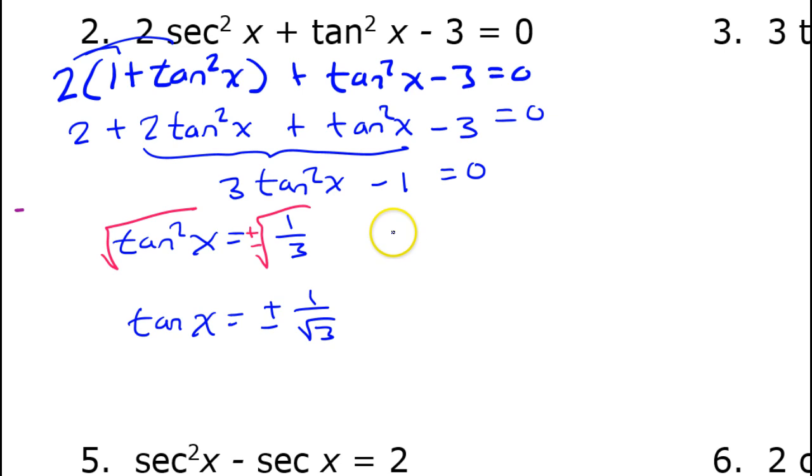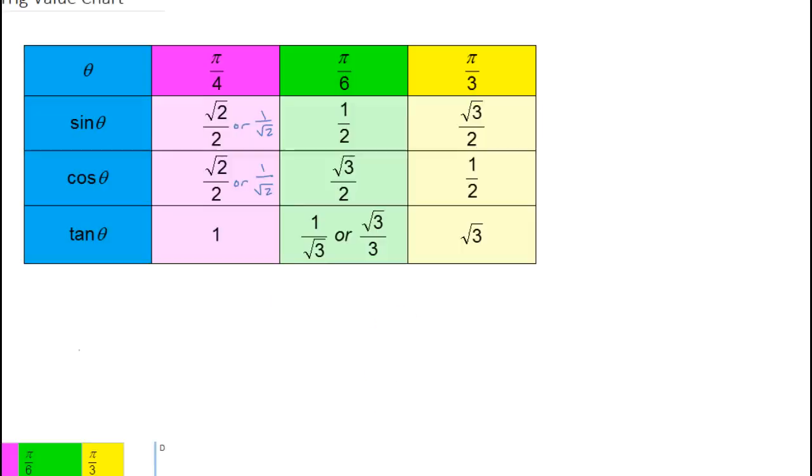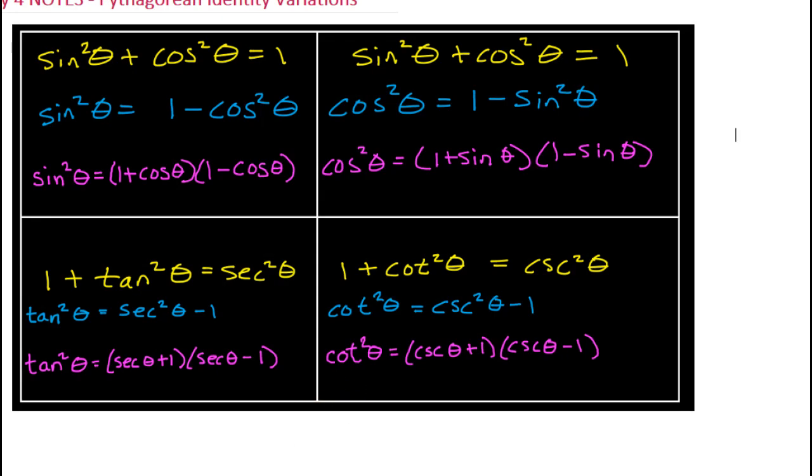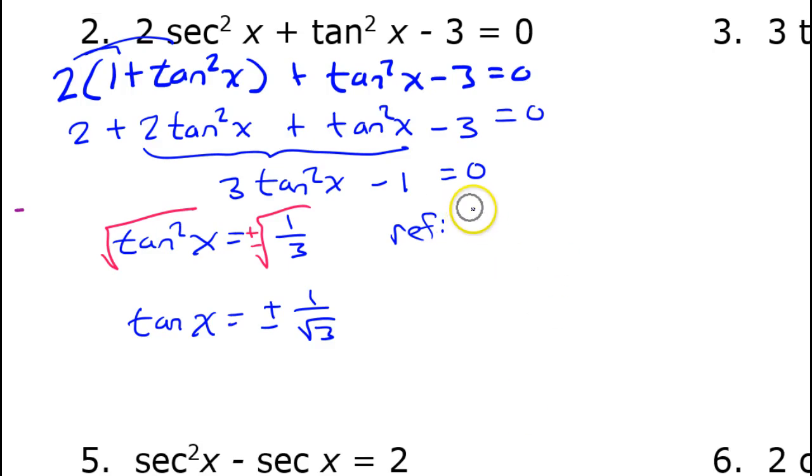Okay, now the reference angle is going to be pi over 6, because 1 over root 3. The tangent of pi over 6 is 1 over root 3. So I know that the reference angle is pi over 6.